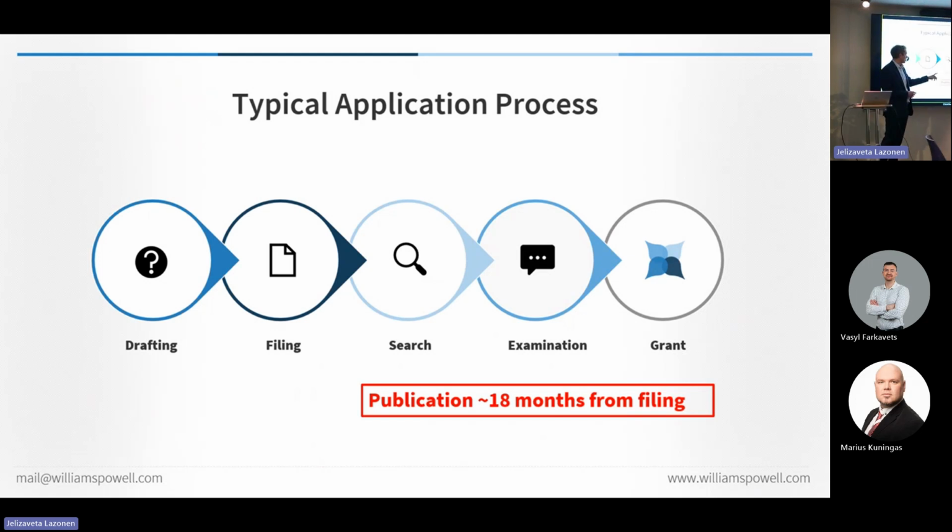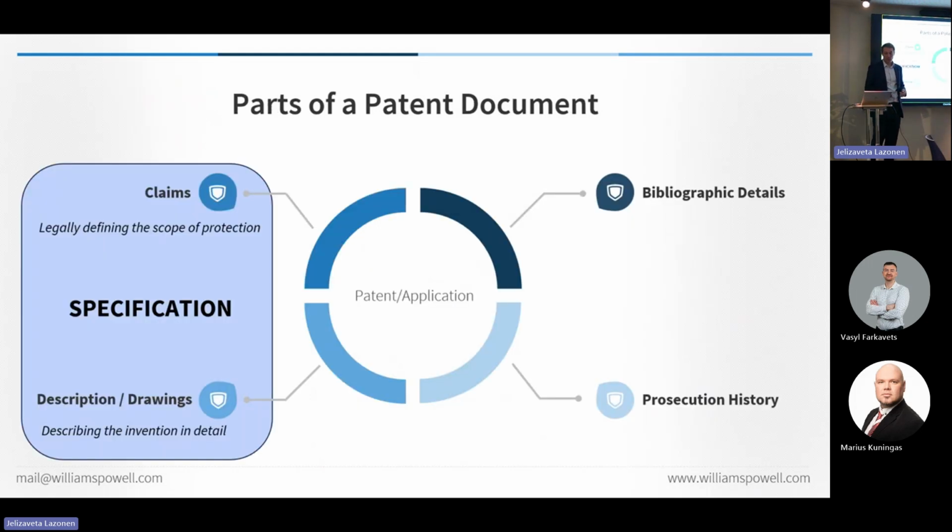After 18 months from filing at the latest, the application is published. So this is often well before the patent is granted. And so we see two types of publication, an application and a granted patent. We'll come on to why that's important, but I wanted to explain why I'm referring to a patent document generally, which might encompass patent applications, but also a granted patent.